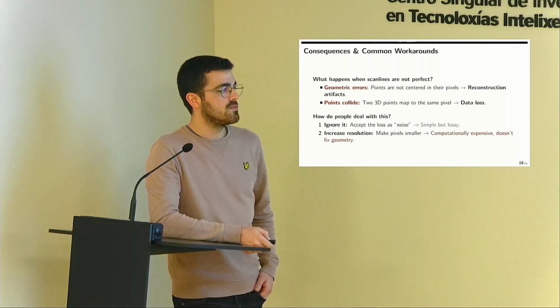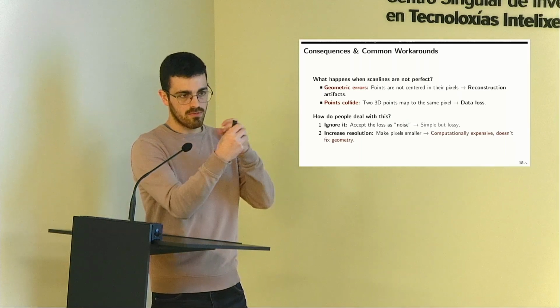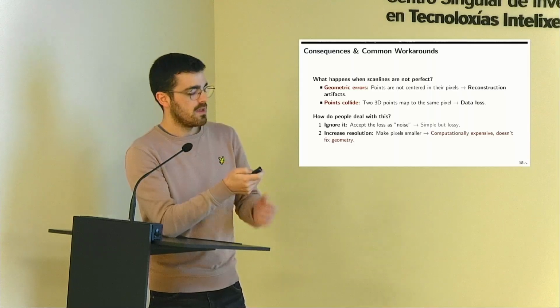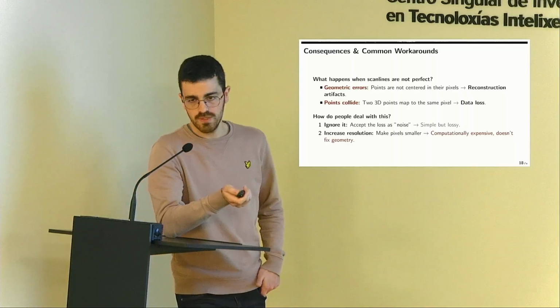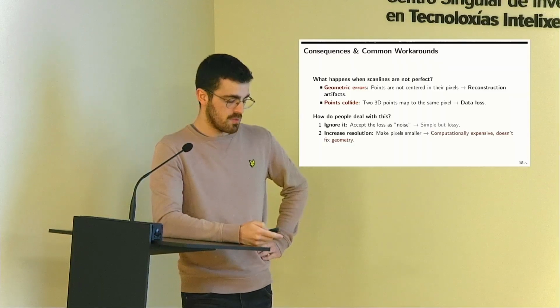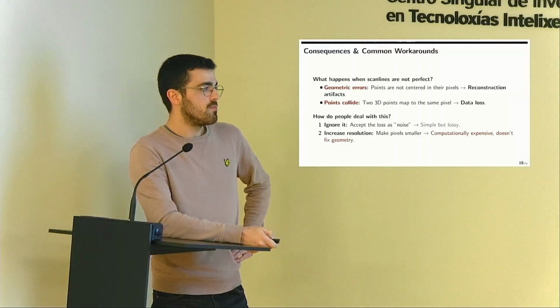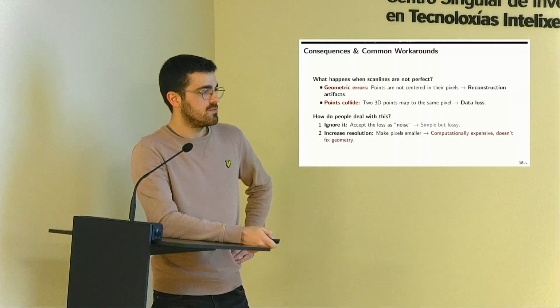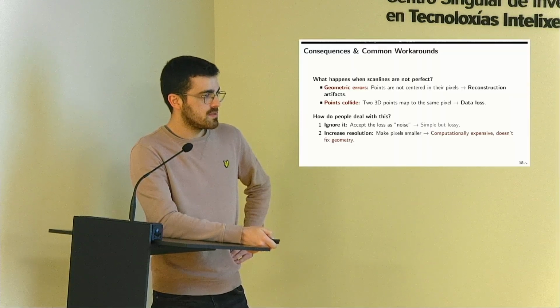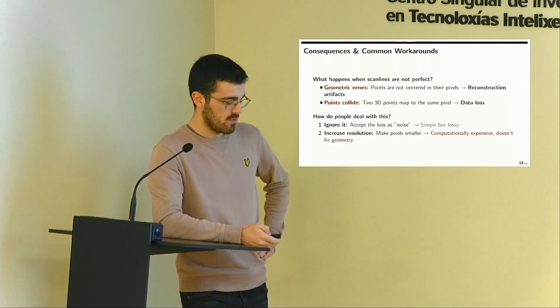If you make the pixels smaller, it is less likely that 2 points collide on the same pixel. And the distance to the center of each pixel is also smaller, which means you have fewer geometric errors in general. This works fine, but it's more computationally expensive, of course, because you have to store more pixels, and it doesn't solve the underlying geometric problem, which is more important.